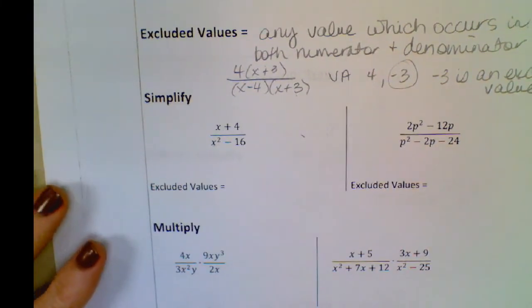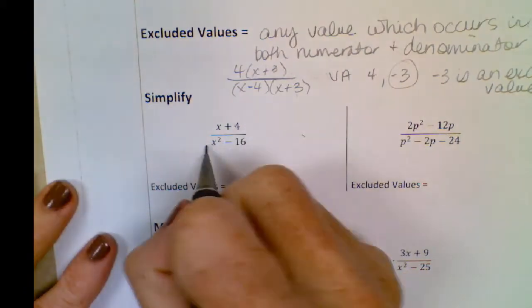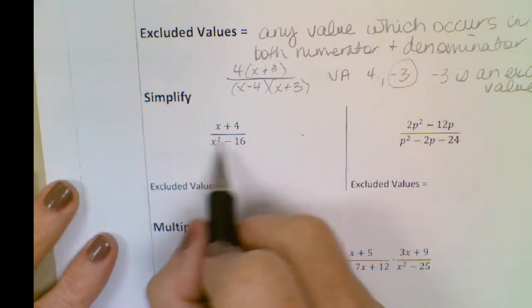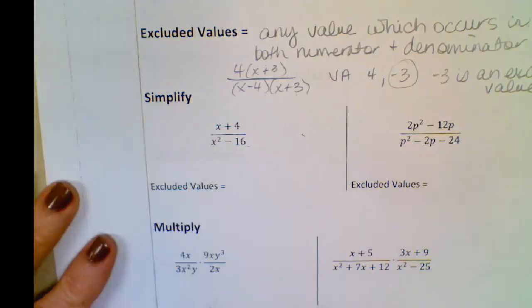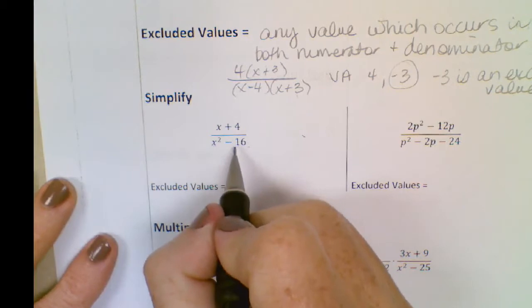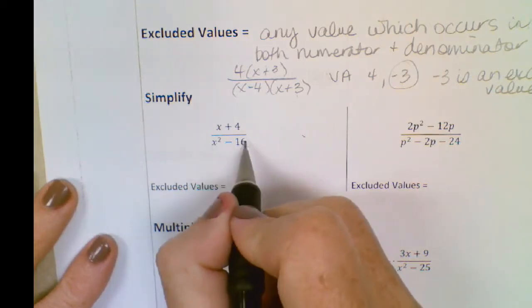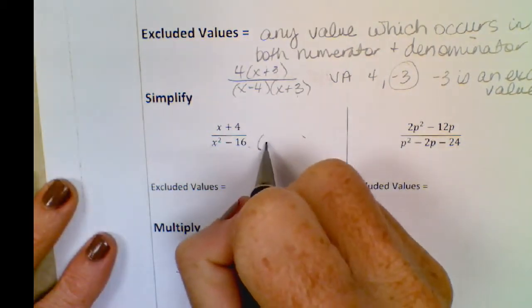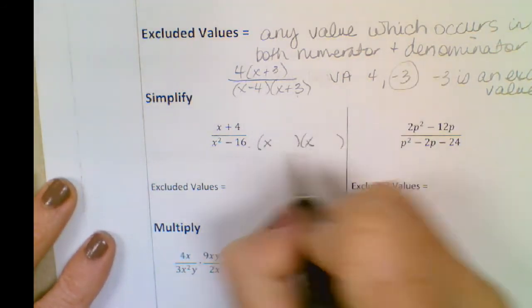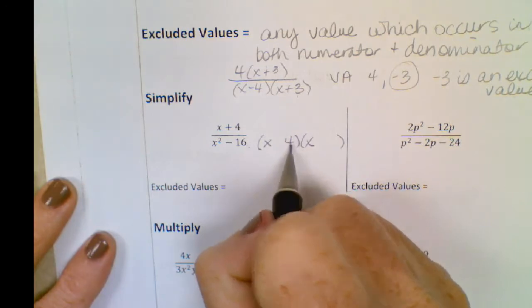Okay, so let's practice with some here. x plus 4 over x squared minus 16. We did a lot of practice with our product of a sum and a difference in class. So when you see these now, I want you to be really good at them. That's a perfect square. That's a perfect square. Take the square root of the first term, which is x, and the square root of the back term, which is 4.